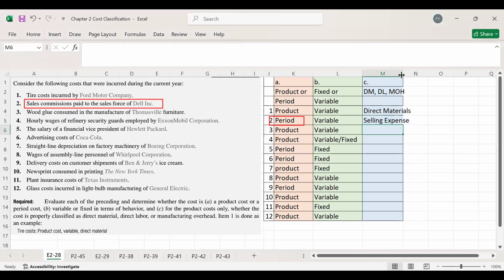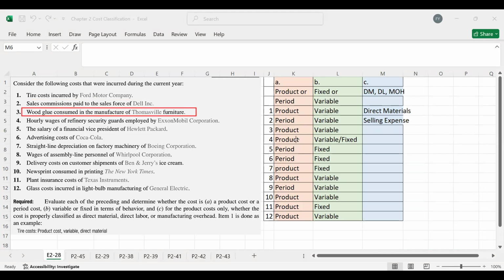The next one is wood glue consumed in the manufacturing of the furniture. As we have discussed, glue is basically not a main part of the product.